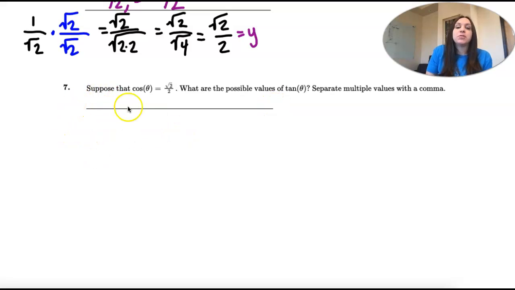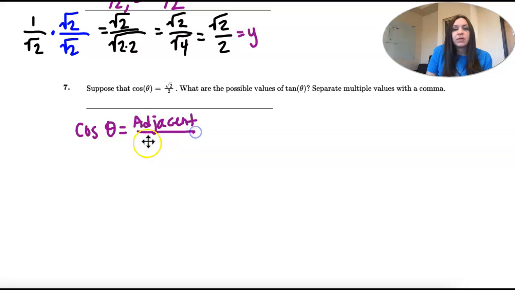So this problem just wants you to remember that sine and cosine are also things we have learned before. Cosine is our x value, but it's still adjacent over hypotenuse. So these values work in a circle.